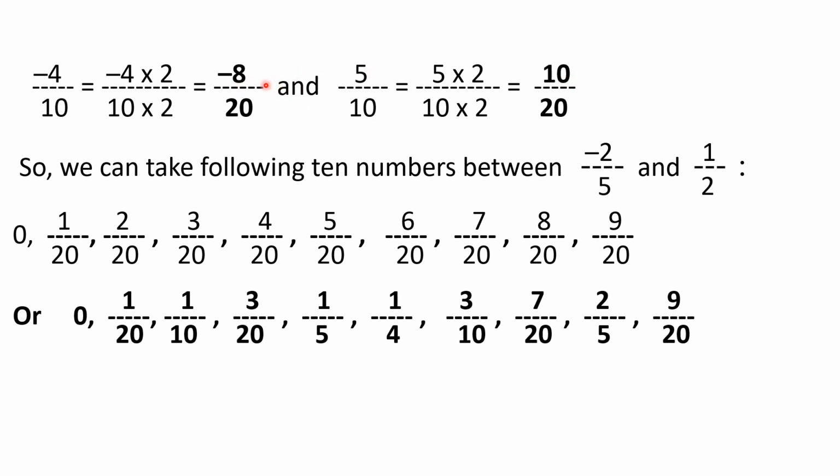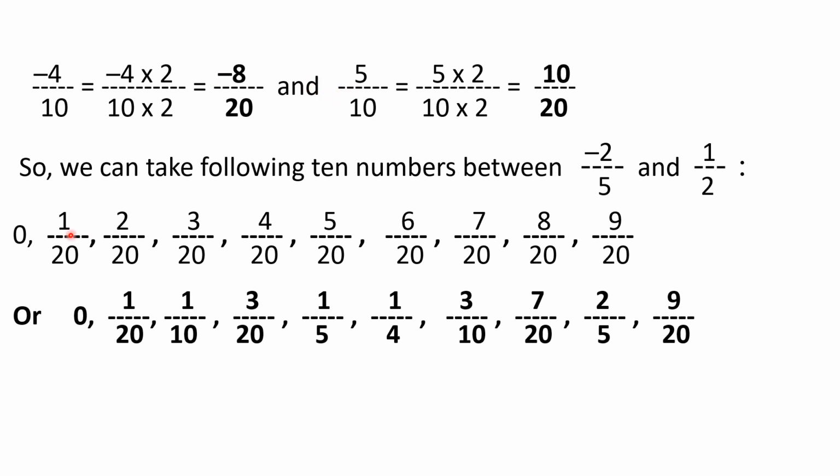If you move right, it becomes minus 7 by 20, minus 6 by 20, minus 5 by 20, minus 4 by 20, minus 3 by 20, minus 2 by 20, minus 1 by 20, then 0 by 20. And 0 by 20 is 0. So for the sake of simplicity and avoiding the negative numbers, I have taken all positive numbers.